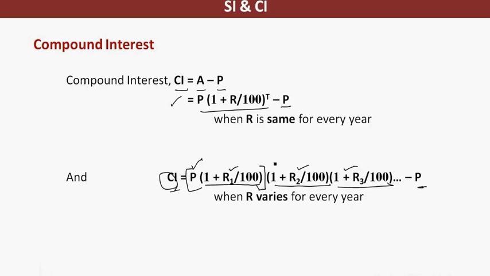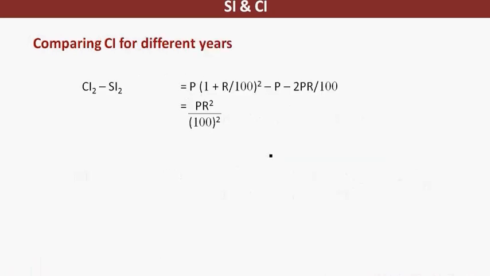So principal into 1 plus r by 100 gives you the amount for the first year. Amount for the first year acts as a principal for the second year. So the second year multiplying factor is applied on the answer for the first year. This will be the answer for the second year, which will act as the initial principal for the third year, and so on.